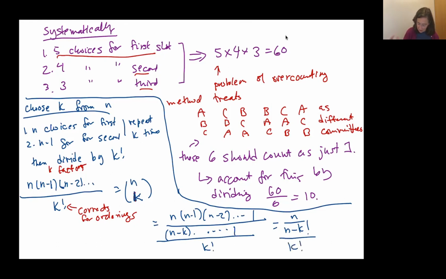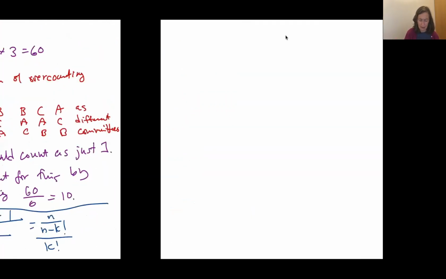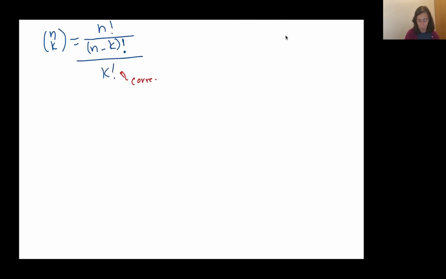All right. We're going to go to a new page, and I'll rewrite this formula in the way that you normally see it. So N choose K is N factorial with the last K terms removed here, divided by K factorial to correct for order. Okay, so this is the correction for overcounting.